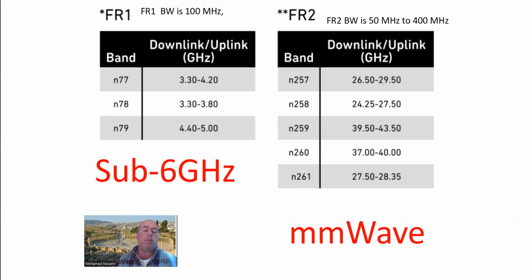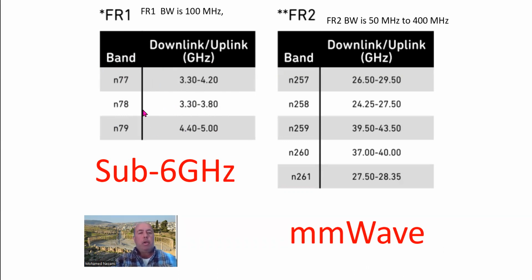So we know that we have two distinct regions. The one region which we call sub-6 gigahertz, which is these bands in here, n77, n78, n79. All these designated bands are around these areas, with a very popular band being the 3.3 to 3.8.